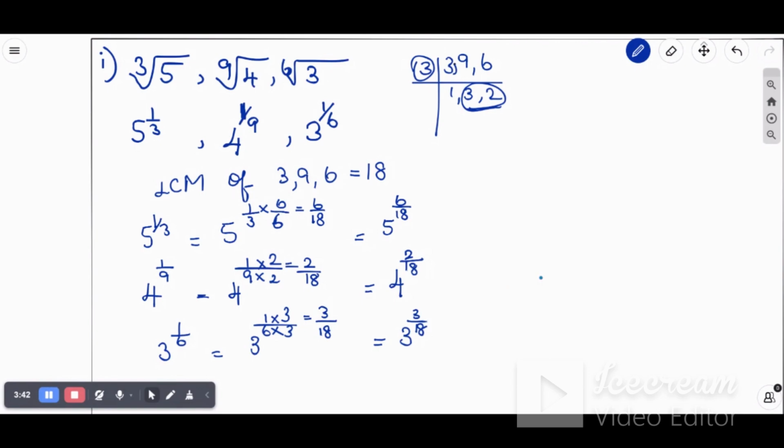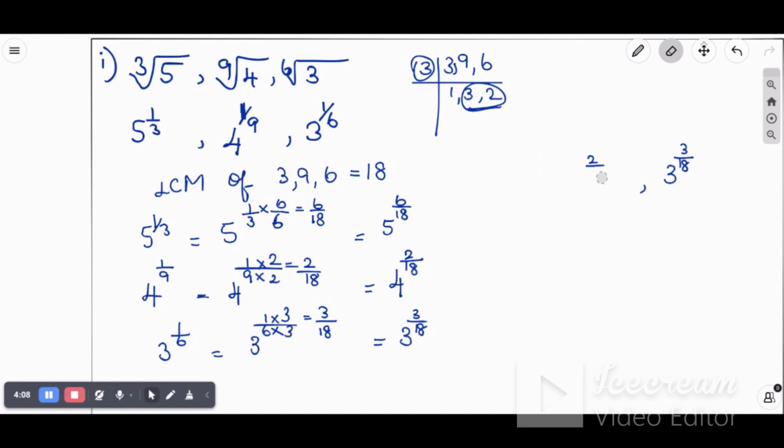Now you can see your numbers have been rearranged as 5 to the power 6 by 18, comma, 4 to the power 2 by 18 and 3 to the power 3 by 18. Now they have the same orders.